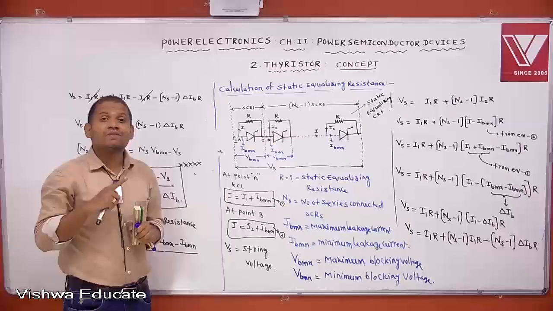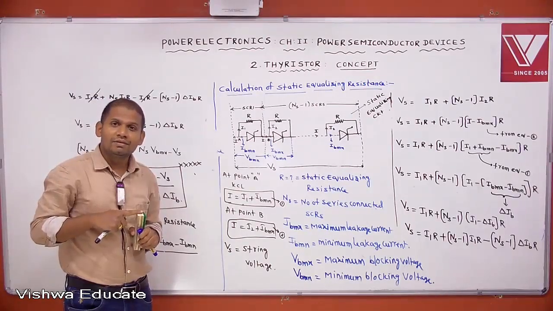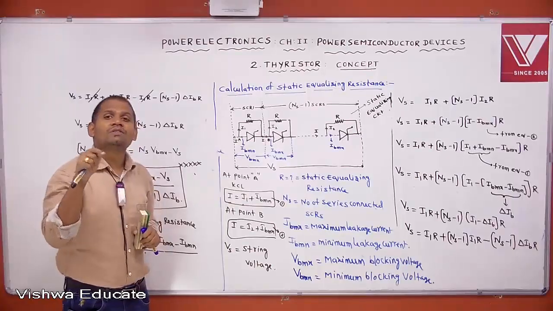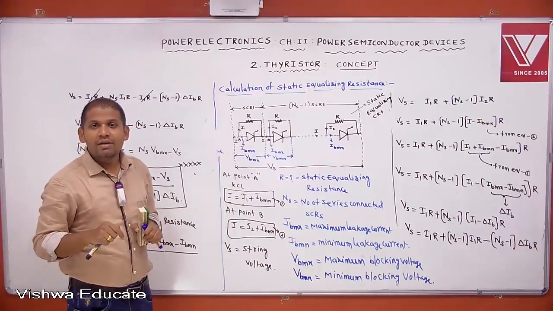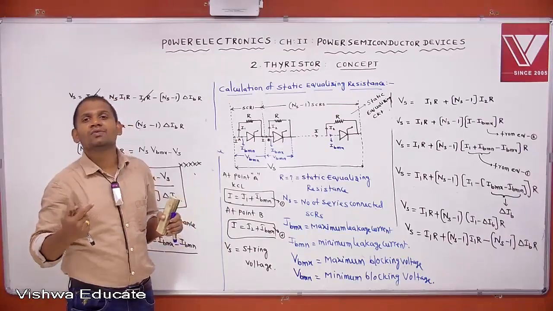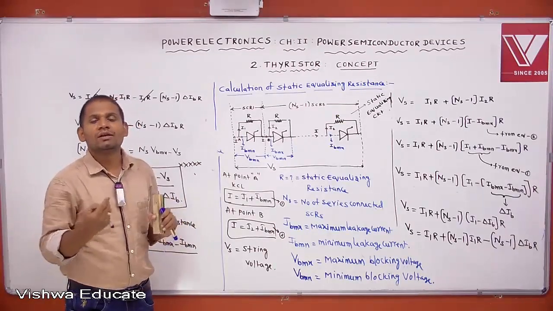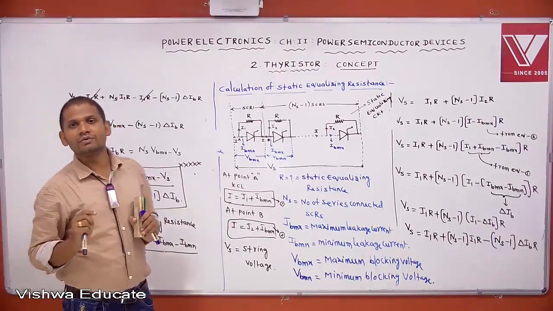Even though SCRs have the same rating and specification, practically they don't have the same dynamic characteristics. Because of this, there is unequal voltage distribution and the string efficiency is reduced.